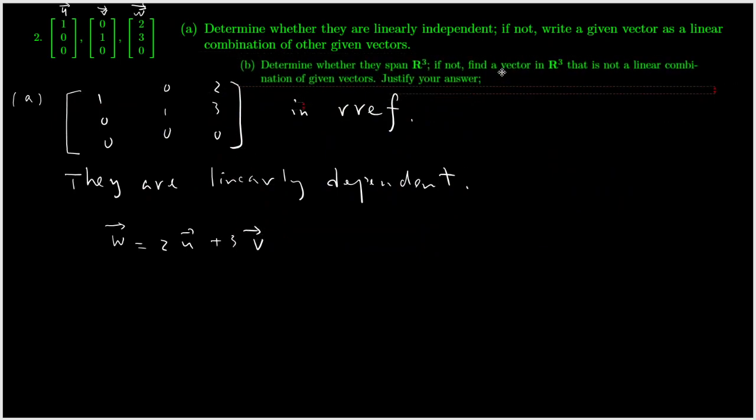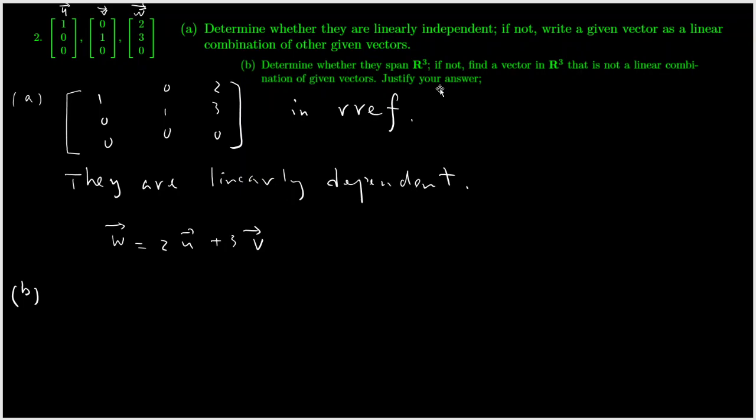Probably I have enough room to answer question B on this slide. We move on to question B. In question B, we are trying to determine if the three given vectors U, V, and W span R3 or not.